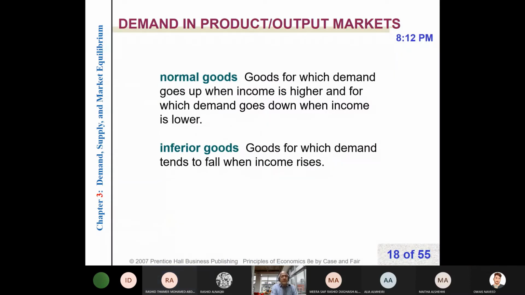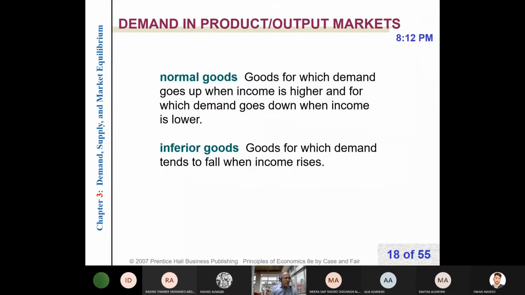Normal goods: goods for which demand goes up when income is higher and for which demand goes down when income is lower. Most goods are considered normal. For example, perfume.